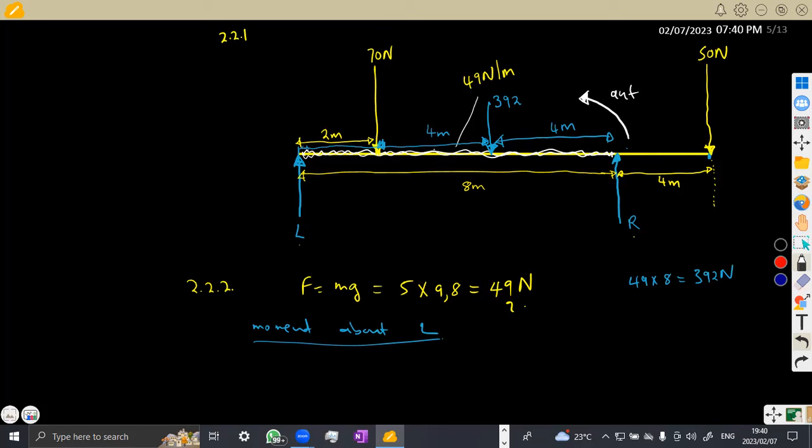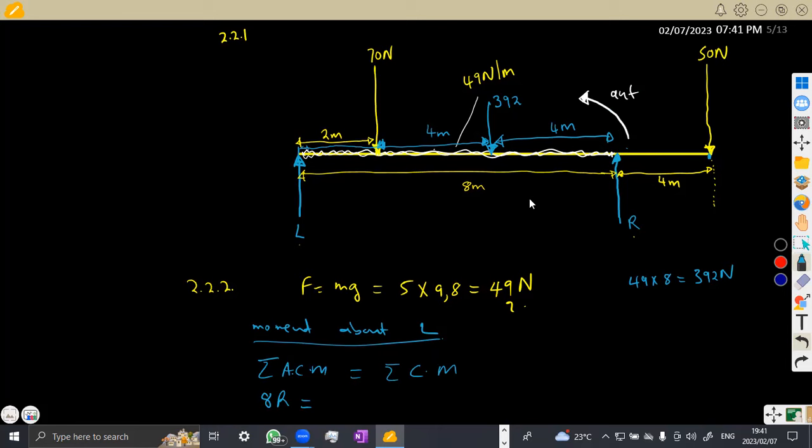So let's write our formula. First, the formula is going to be the sum of the anti-clockwise moments should be equal to the sum of the clockwise moments. So in this case, from R to L, what is the distance? It's R here times the distance in between, which is 8 meters. So that's R times 8, which is 8R, is equivalent to the ones that are going in the clockwise.